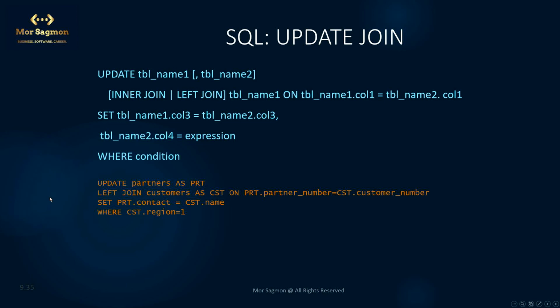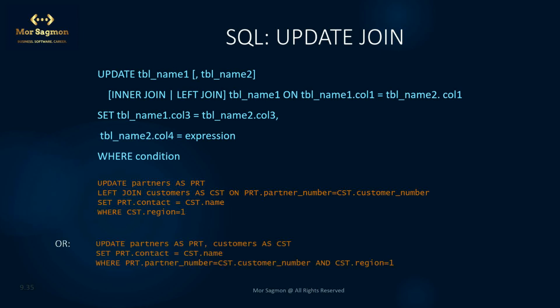There is also another way to write this update statement, by the way, without explicitly specifying the join part. Here we are implicitly joining the two tables by way of selecting them both in the update clause with a comma. You see, we're updating the partners and the customers. We are setting whatever we want to set, and we actually hint as to the join in the where clause.